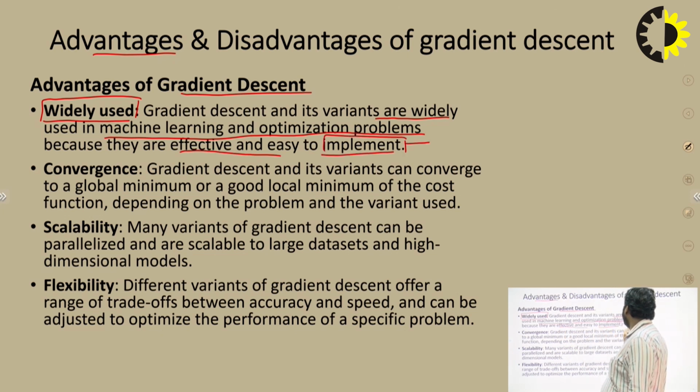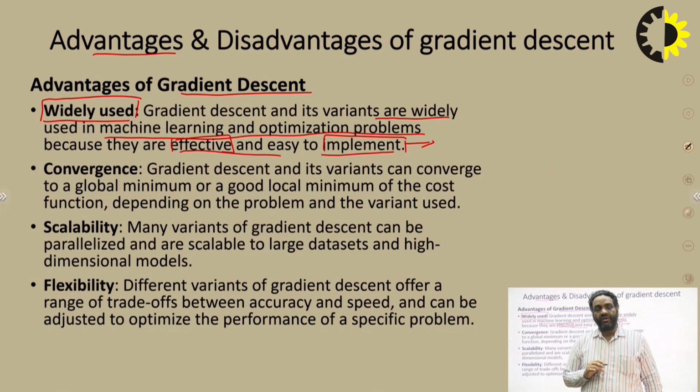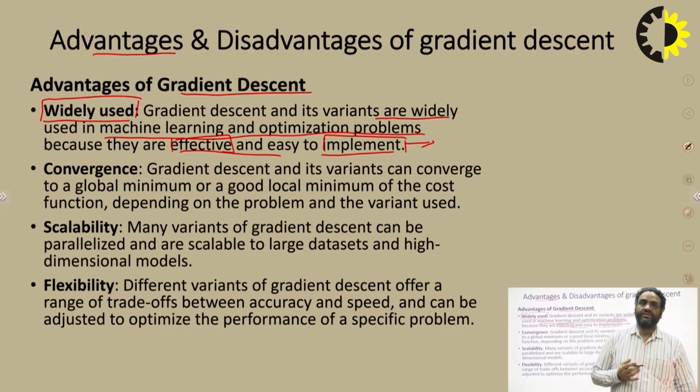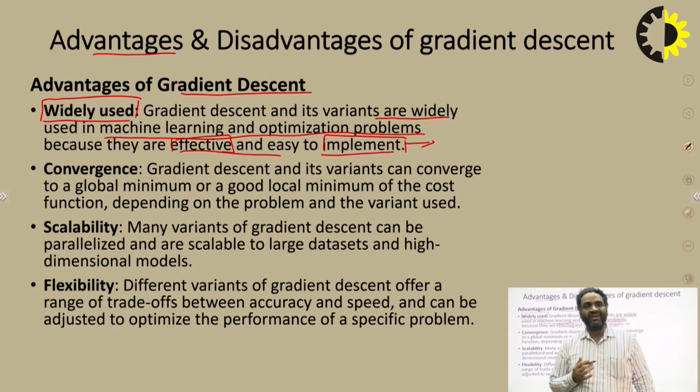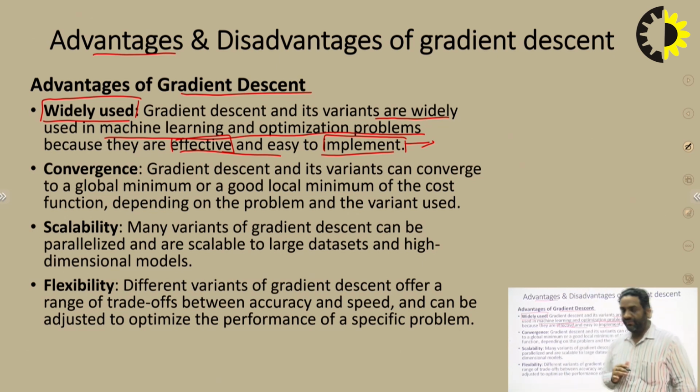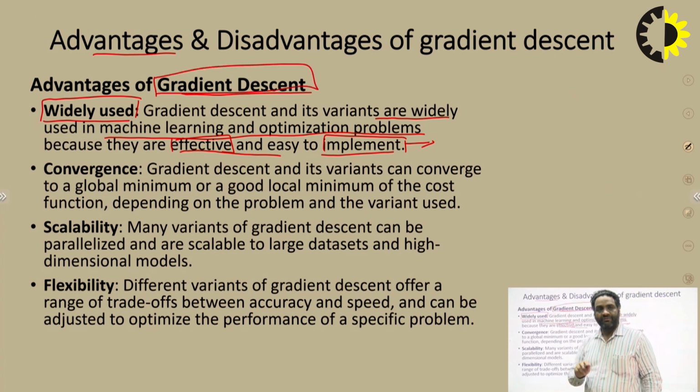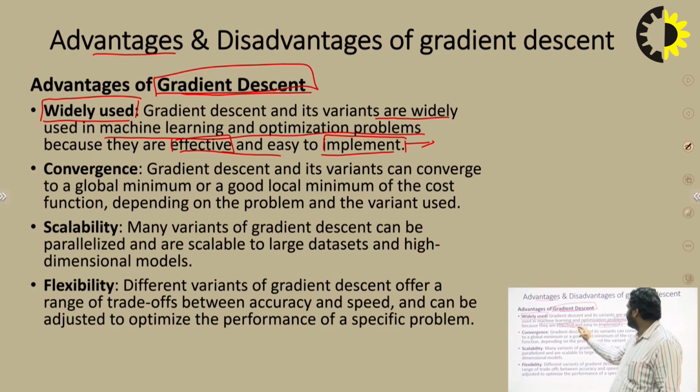So these are two qualities through which it became the first choice for use. Today is the era of machine learning, and in machine learning we generally take problems related to optimization, where we need algorithms which are very, very effective. So gradient descent is very effective. So, easy to implement and very effective. This is the first advantage of gradient descent.